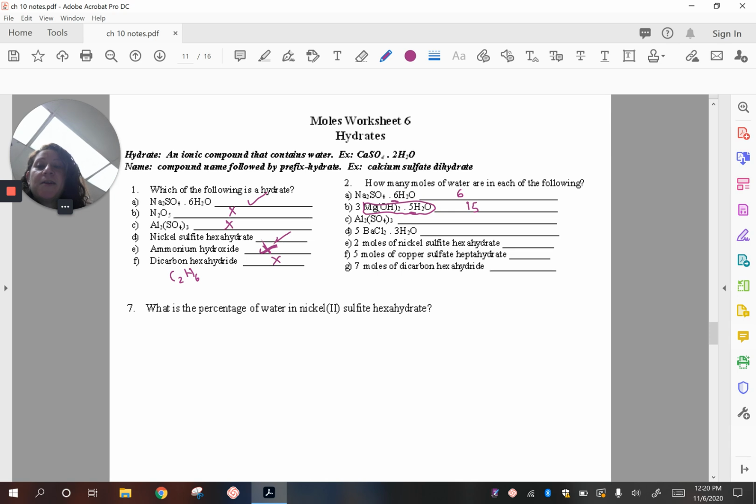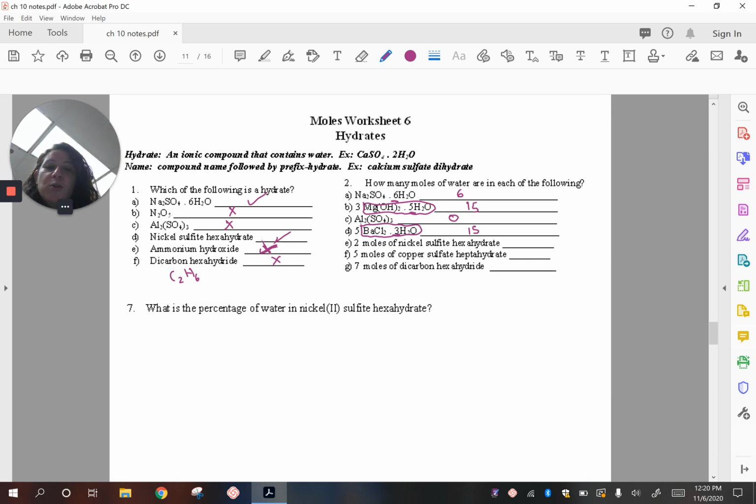Al2SO4, well, we said that's not a hydrate, so it has no water in it. Next one, 5 BaCl2.3H2O. So we have 5 of these big things. Each of them has 3 waters, so 5 times 3 is 15 again.